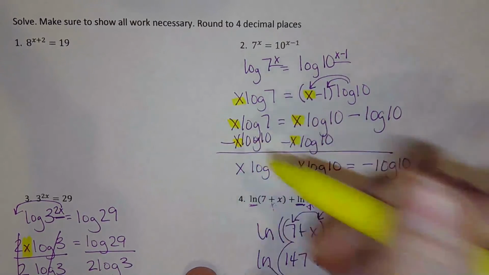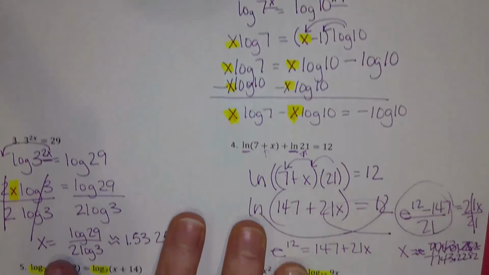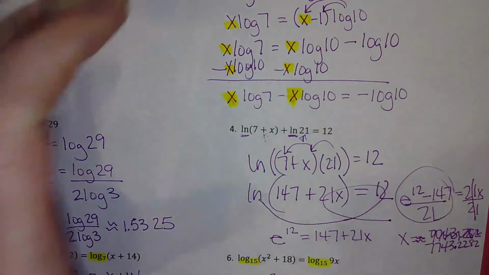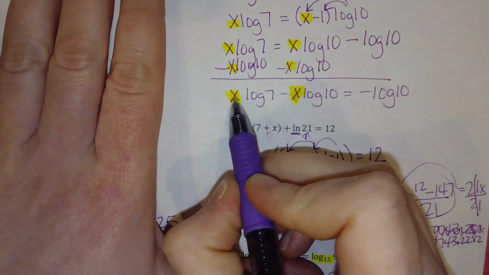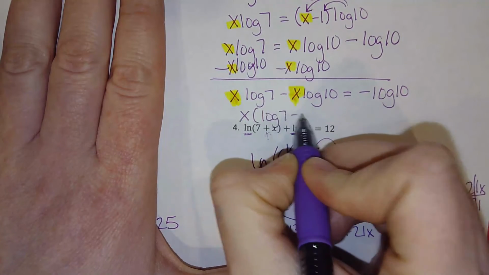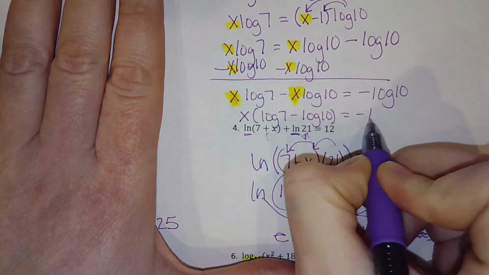I'm trying to keep all the x's on the same side. So now on this side I have an x and an x. They're on the same side, they're on the left, but they're times something. So what I want to do is I need a factor. These both share a factor of x. So what I'm going to do is I'm going to pull an x out in front. So I have x times log 7 minus log 10 equals negative log of 10.